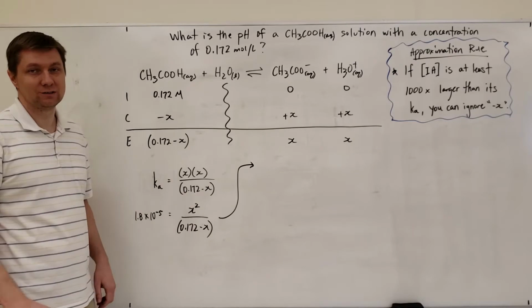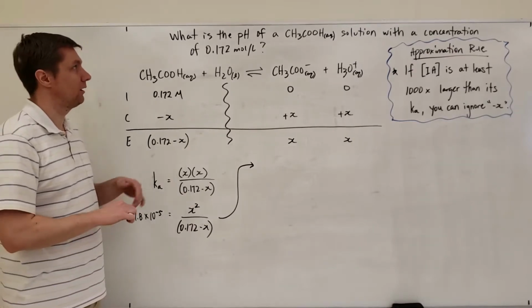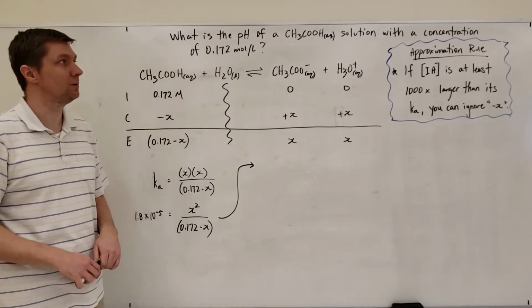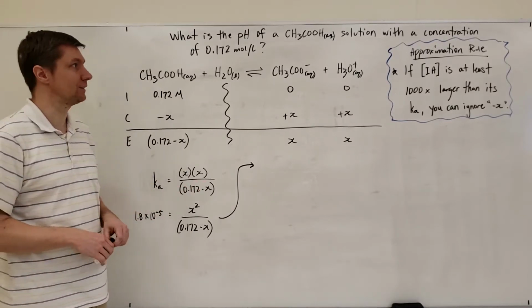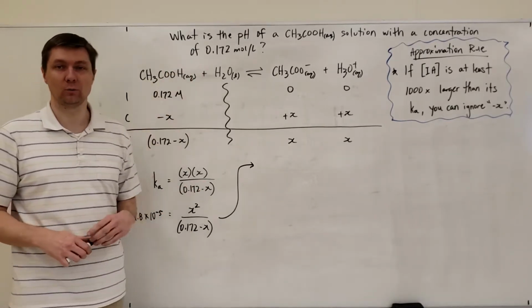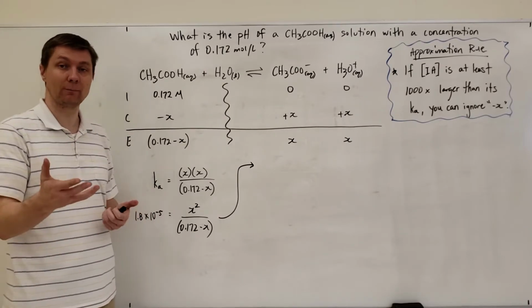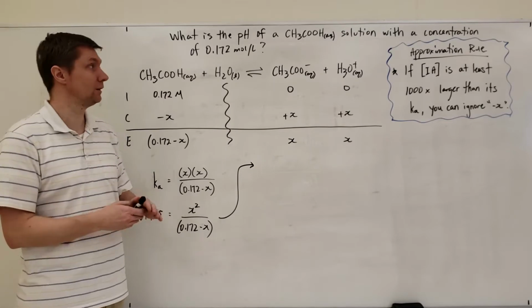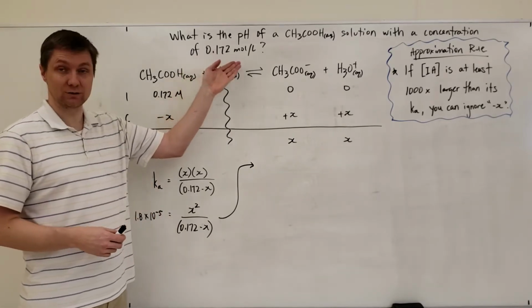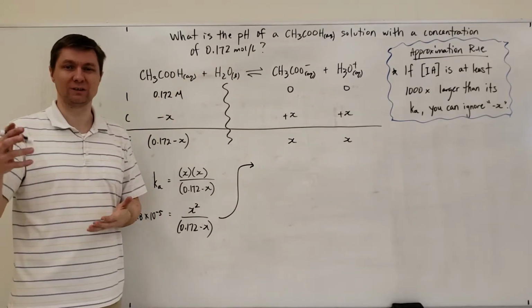Okay, so here's this example that we're going to talk about, where I said that we're going to calculate the pH of a vinegar solution, acetic acid, with a concentration of 0.172 moles per liter. Now, if you remember, the concentration of hydrochloric acid with this concentration yielded a pH of 0.7 something.